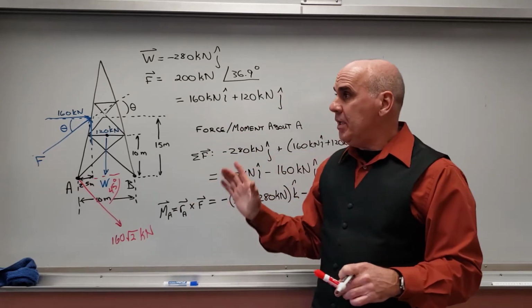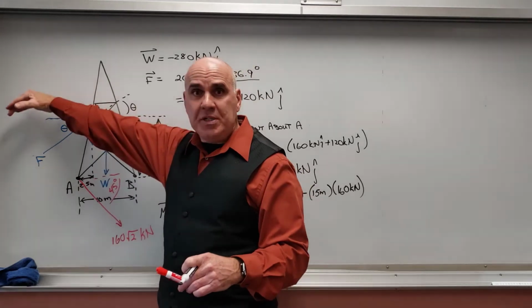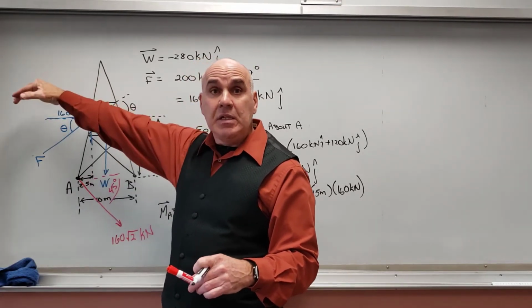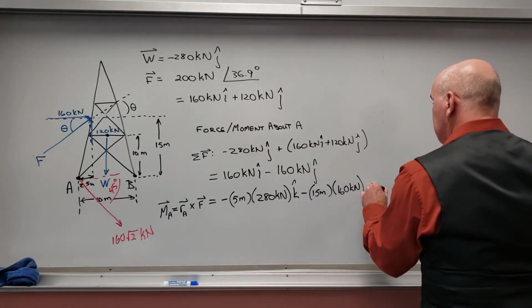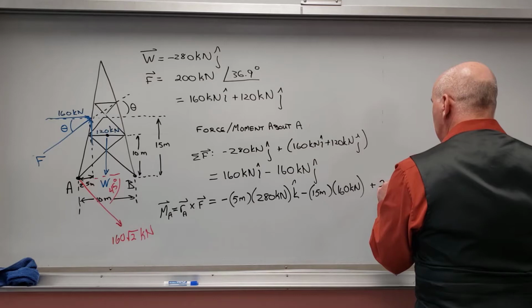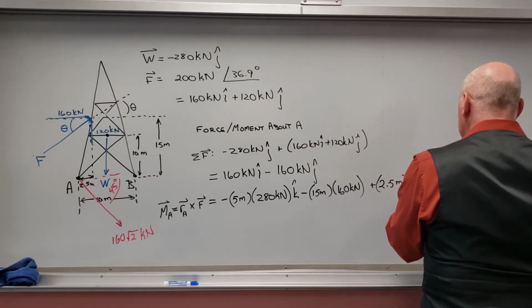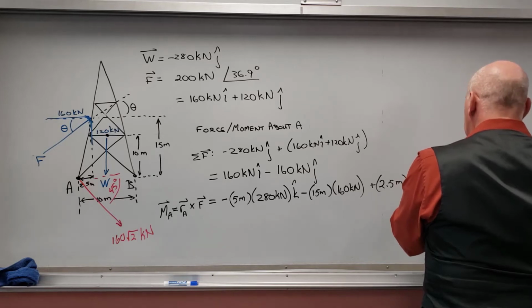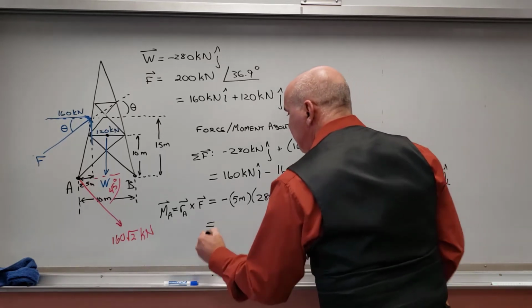And the 120, that's lifting it up. So as far as A is concerned, that's going to try to rotate it in the counterclockwise direction. So that's going to be a positive moment. So plus 2.5 meters times 120 kilonewtons, and that's k hat. So these are all in the k hat direction.